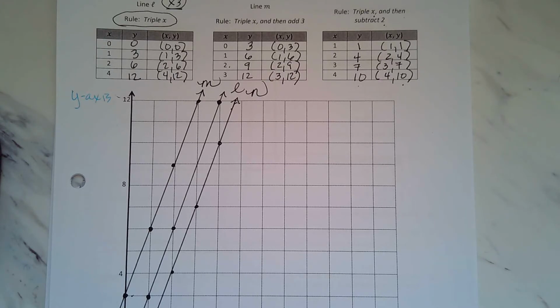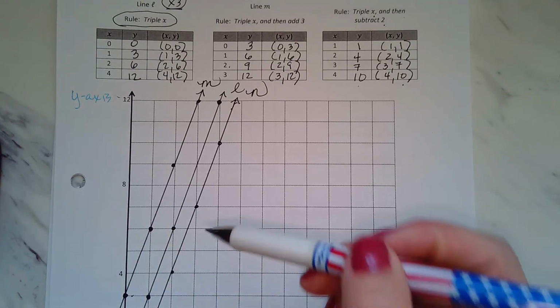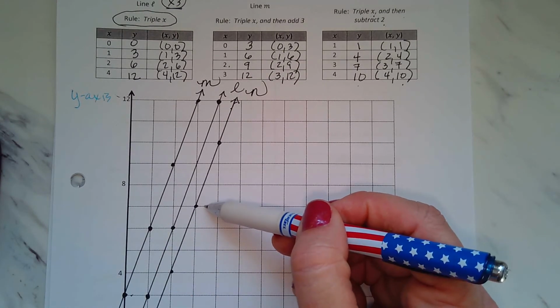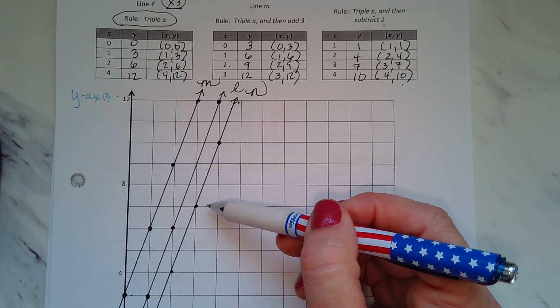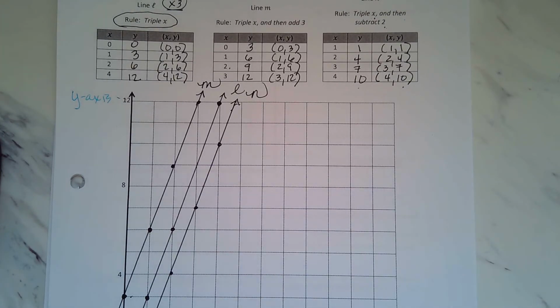If the multiplication part of the rule is the same for both lines, adding after multiplying makes the points in the line shift up by whatever you're adding. Subtracting after multiplication makes the points on the line shift down if the multiplication part of the rule is the same. Isn't that correct?